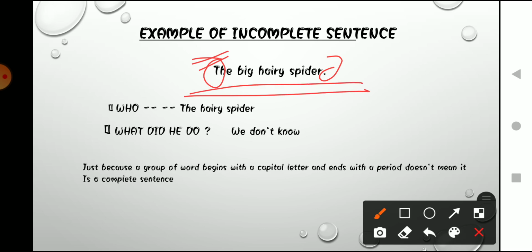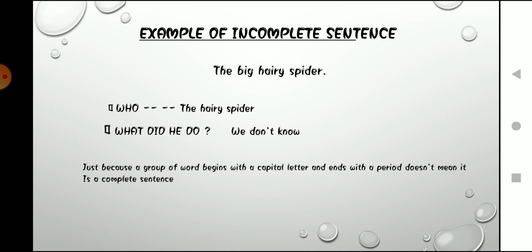For a sentence to be complete, it should have a subject as well as a verb. It only has a subject, right? It doesn't have a verb. So what do we call this type of thing? We can say that these are groups of words, right?